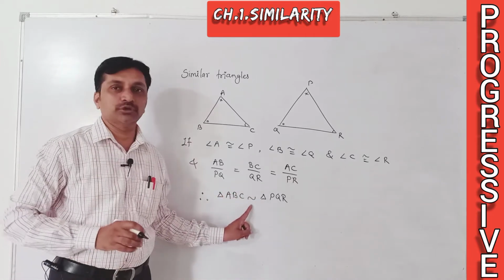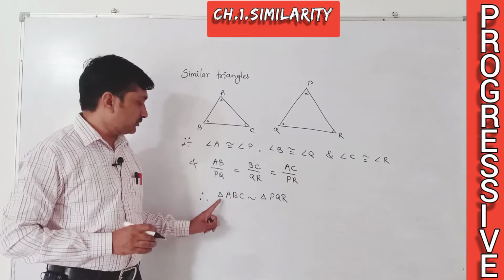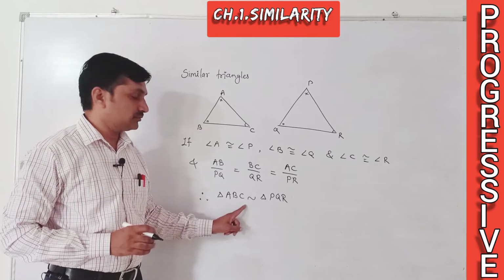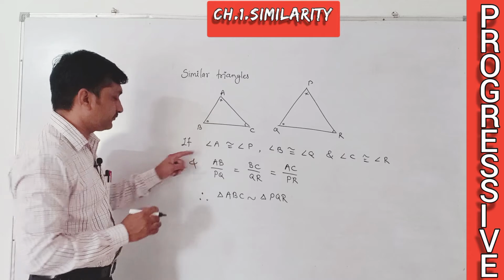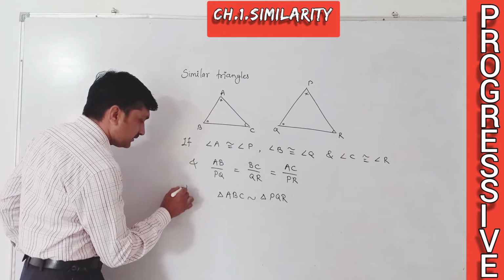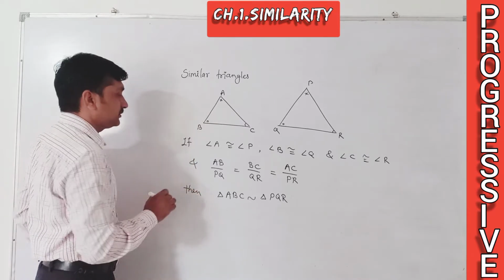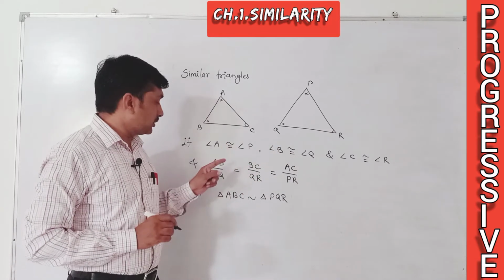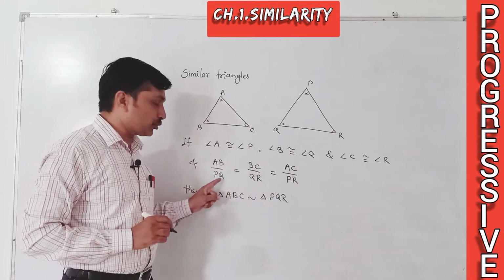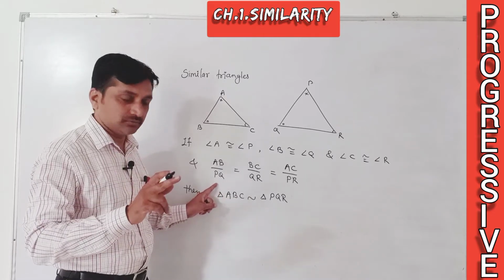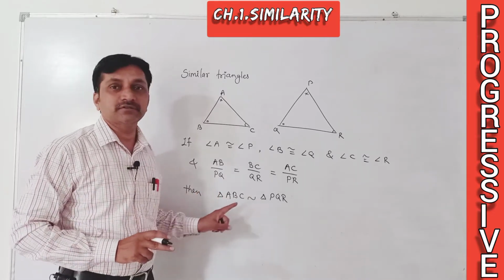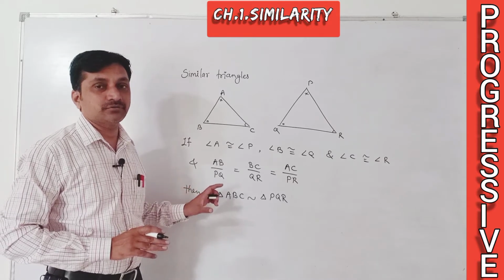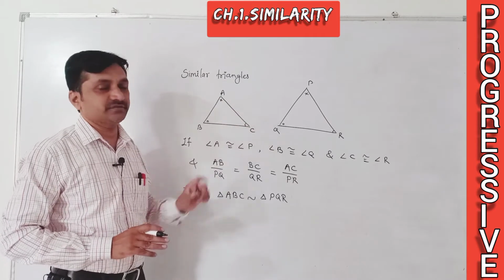This is the symbol of similarity. If corresponding angles are congruent and corresponding sides are in proportion, then two triangles are similar. This is the condition for similar triangles.